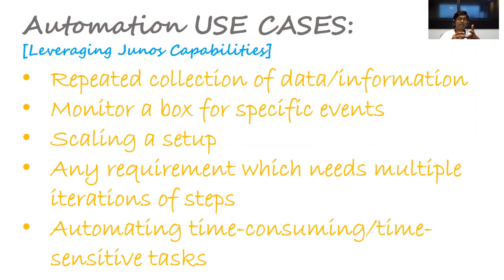And assume I want to scale the device with 100K lines of configuration, static entries. Then I can leverage the capabilities of automation to do it. In simple terms, if there is any requirement which needs multiple iterations of jobs to be done in a cycle, then automation would be the right direction to move forward.